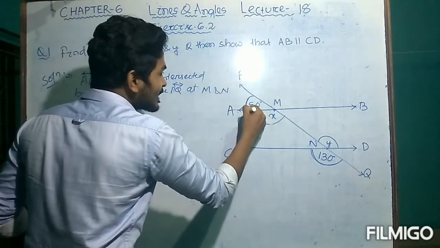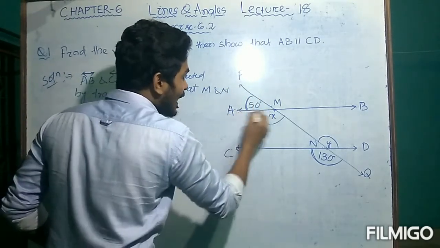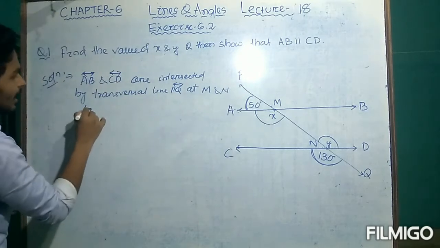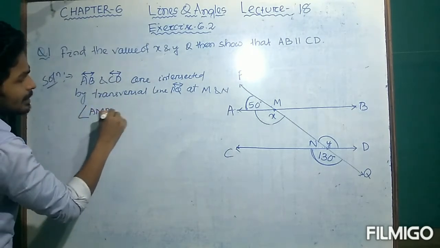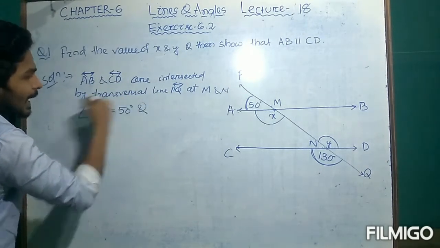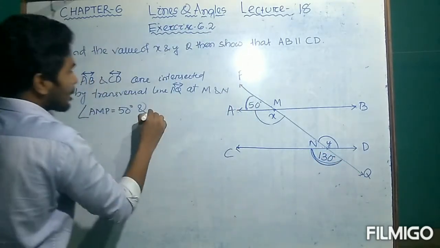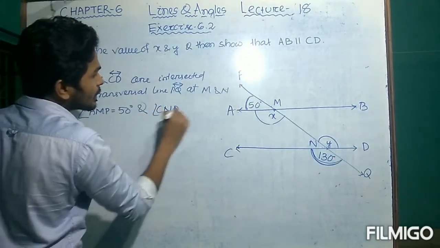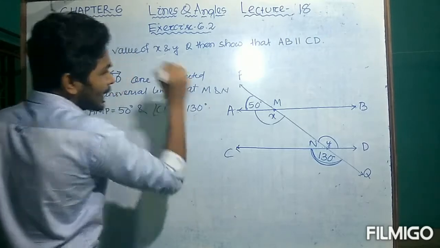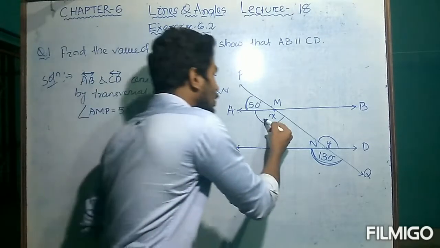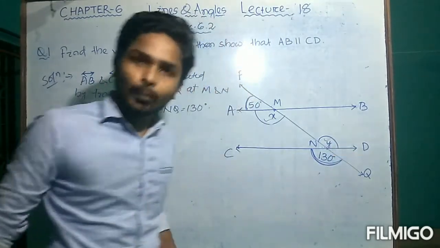Next, this angle is 50 degrees, so angle AMP is equal to 50 degrees, and this angle, that is angle CNQ, is equal to 130 degrees. Now we will find the unknown values of the variables x and y.